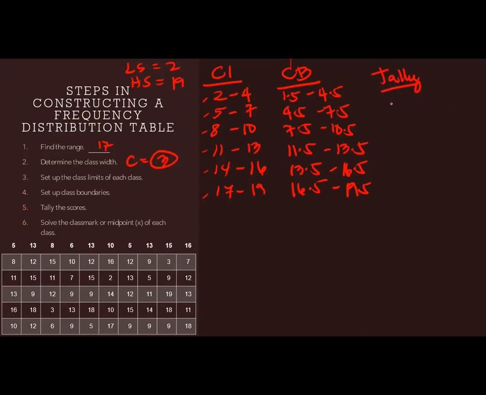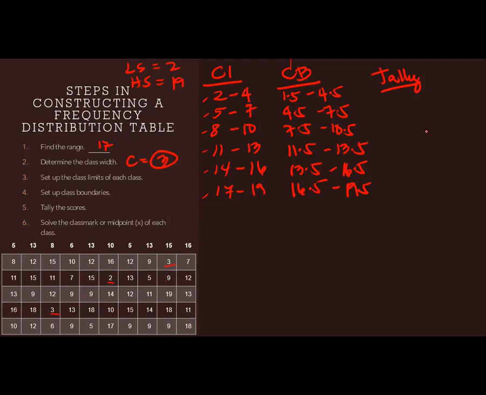We are going to tally how many scores belong to the class interval 2 to 4, 5 to 7, 8 to 10, 11 to 13, 14 to 16, 17 to 19. So for 2, 3, 4, we have 1, 2, 3.